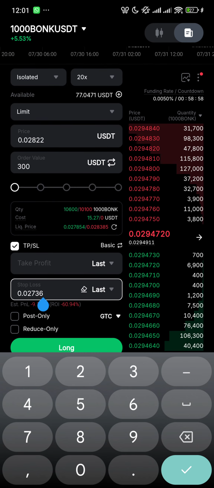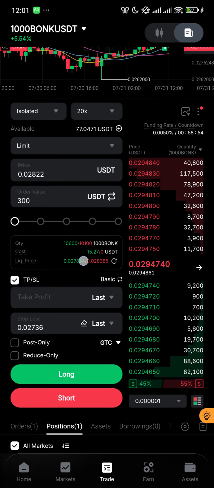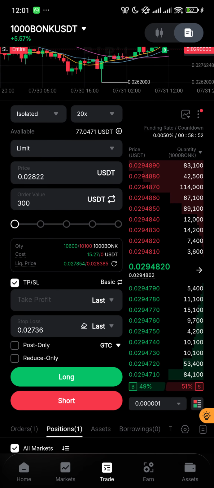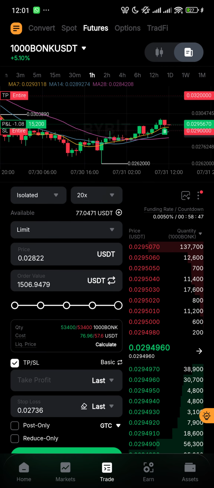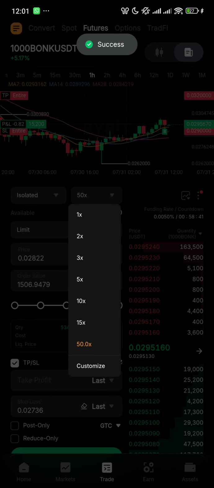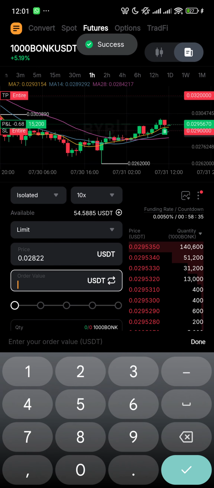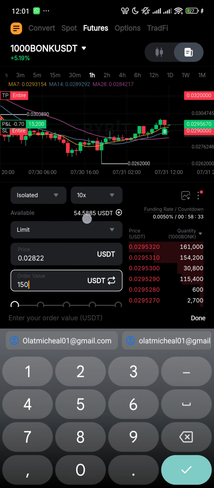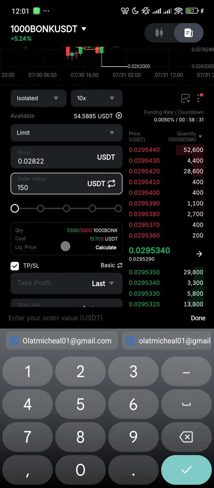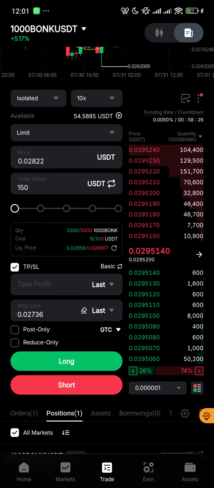Okay, still above. So let's just stick with 10x. So 10x times 150. Okay, so now you can see it's below my liquidation price.